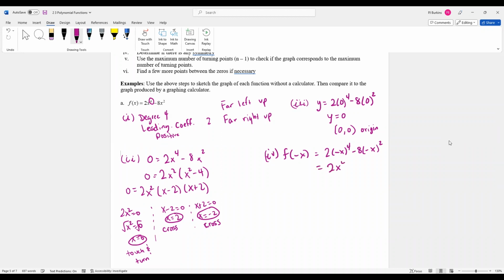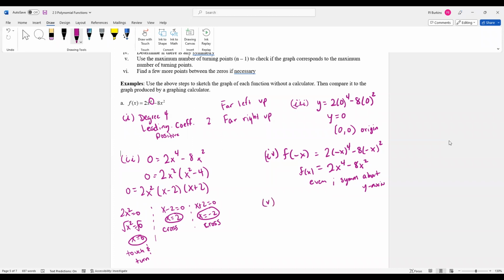So 2x to the fourth minus 8x squared. This is indeed equal to the original, and therefore this is an even function, and it has symmetry about the y-axis.